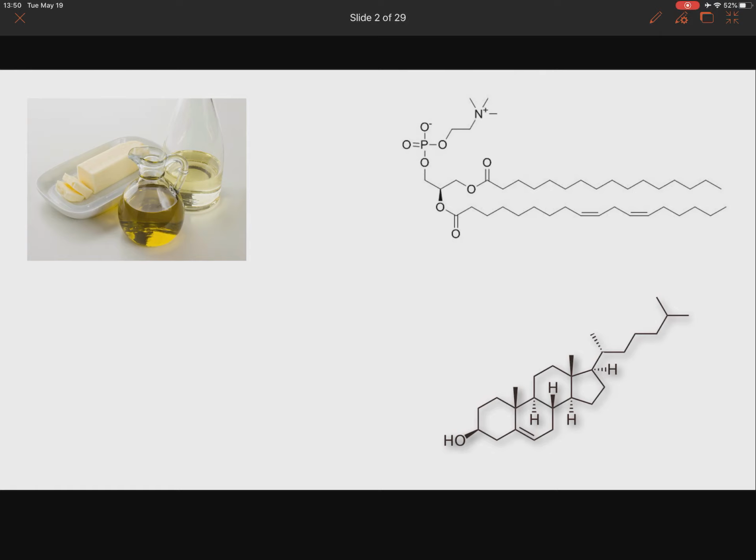Now, there are open chain lipids and closed chain lipids, and that's why I'm showing you these pictures again. Open chain lipids, such as this phospholipid, we know it's a phospholipid because it has a phosphoric acid group embedded in it. These include fatty acids, triacylglycerides, or triacylglycerols, or triglycerides.